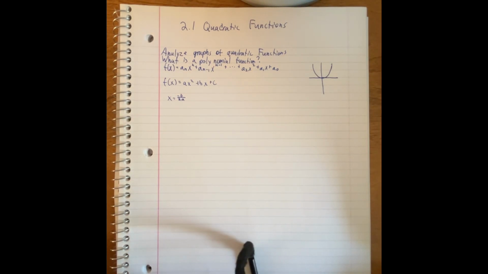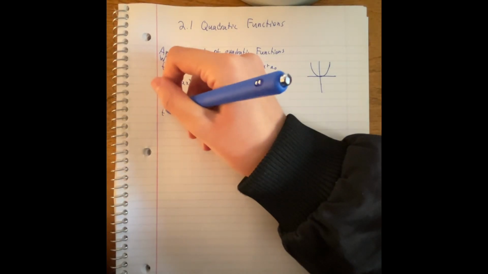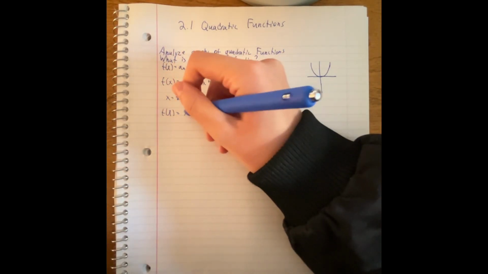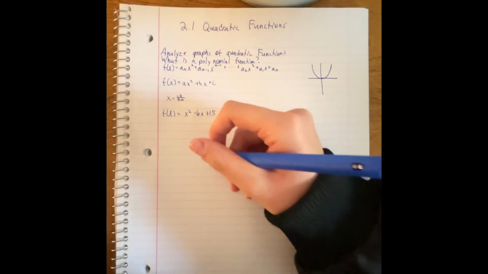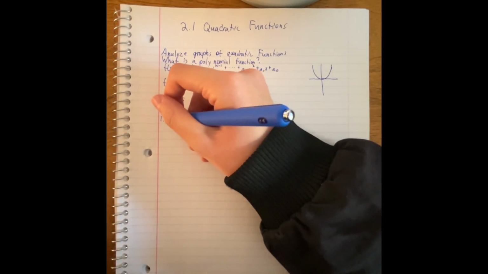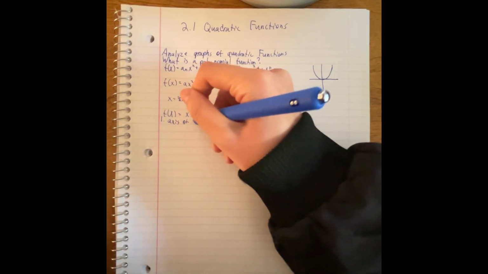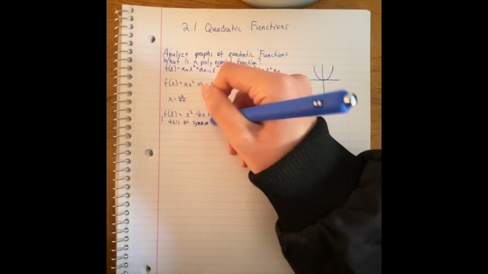Now, let's go about sketching out a graph for a quadratic function. Let's take the example here, f of x equals x squared minus 6x plus 15. So our first step is finding the axis of symmetry.